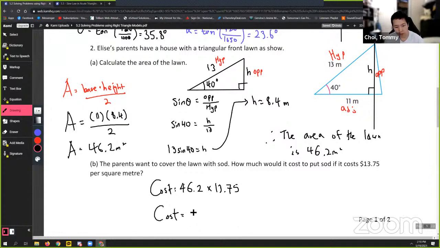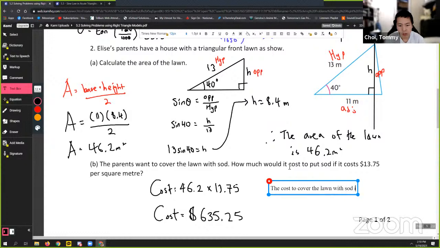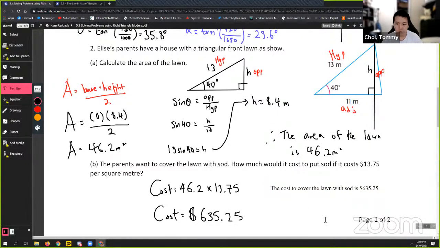Let's write that out better. And so we write the cost to cover the lawn with sod is $635.25.